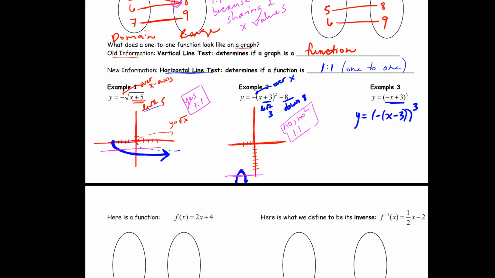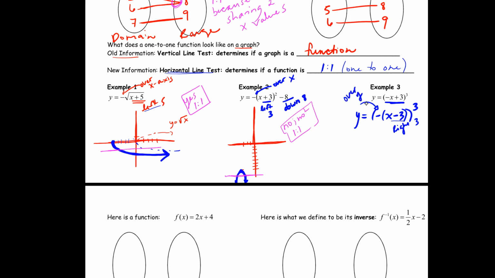So this x minus 3 tells me that this graph will be moved right 3. How will it be reflected, over the x or over the y? Over the y. This one's the different one.